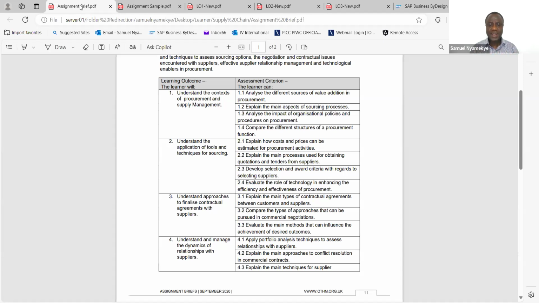Explain the main process used for obtaining quotations and tenders from suppliers. I think we mentioned it. So you go back to the issue of request for information, request for quotation, request for proposal, all those concepts.